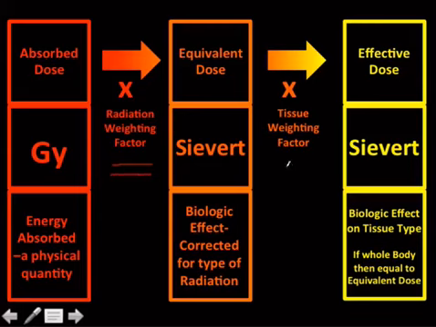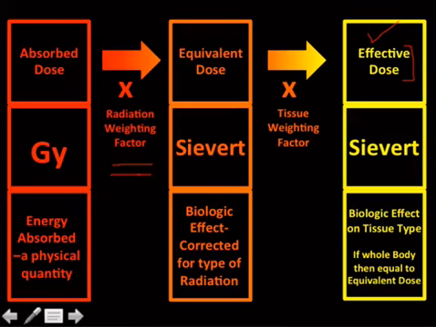Now, when you move all the way over here to tissue, or to effective dose, and that's usually the terminology that's used. That was a question, right? Effective dose takes into account whether or not the radiation has been absorbed by a specific tissue. In other words, you are taking into account the type of radiation, which you got from here, and the variable sensitivity of the organ, which you're getting from here.